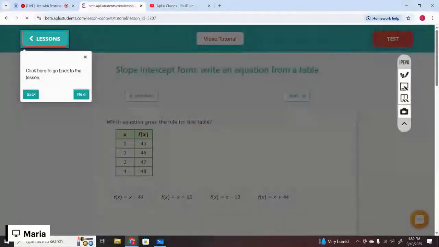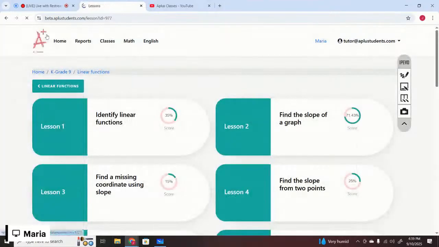Okay, so we were working on grade 9 math. The chapter we were working on is linear functions.